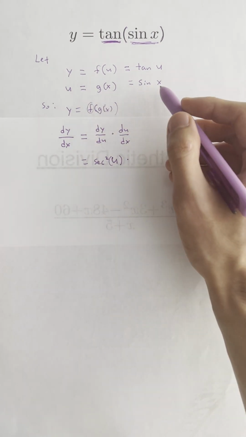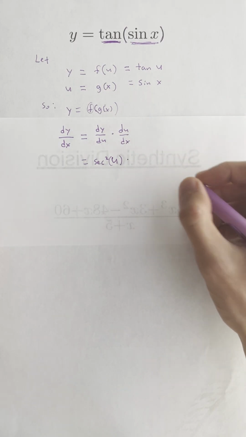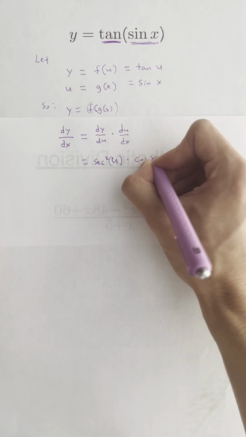So if u is equal to sine x, what's du/dx? Derivative of sine x is cosine x.